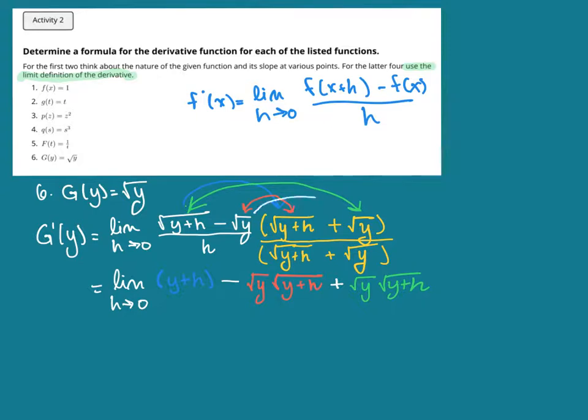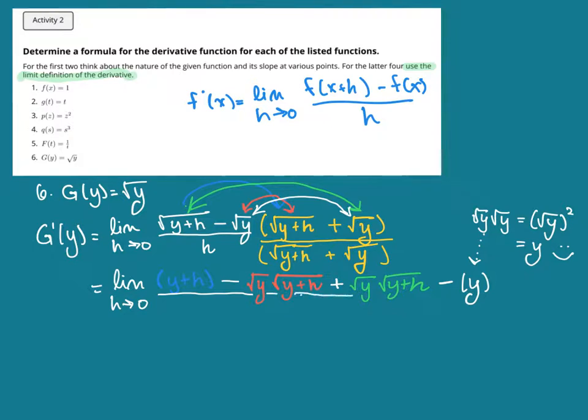This final term is the product of the square root of y times the square root of y, so that's minus y, just y on its own, right? Because secretly, that's the square root of y times the square root of y. It's the square root of y squared, which is just y. Yay! Okay. Sometimes it's nice to just show all the work.